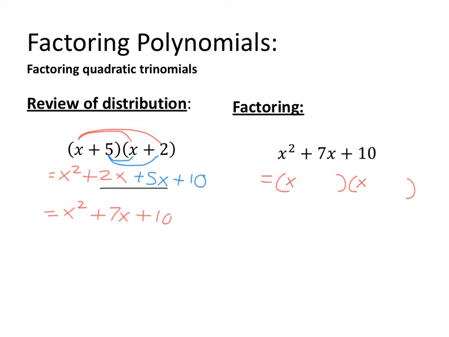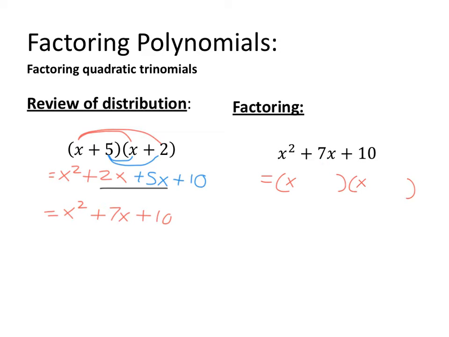Now I'm going to do the same thing with the 10, but it's a little bit different because I'm going to think of what times what is 10, and that's going to go there and there. If you look back at my distribution problem, it's 5 times 2. And then the other thing we're going to look at is that it has to add up to 7x.